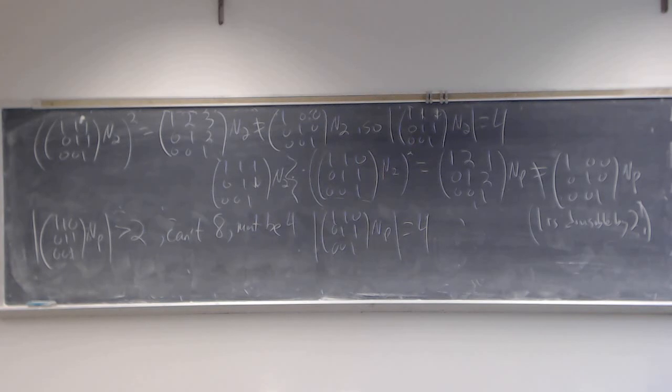Okay, well, what happens with the final coset? Let's look at what happens when we have order p.